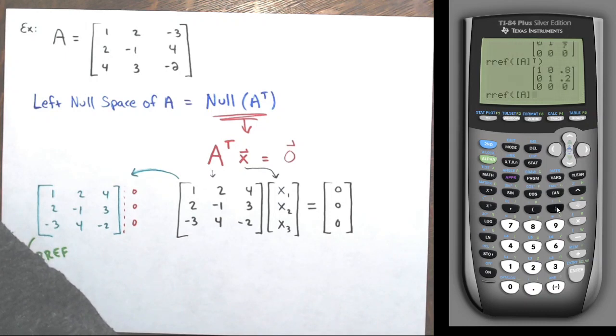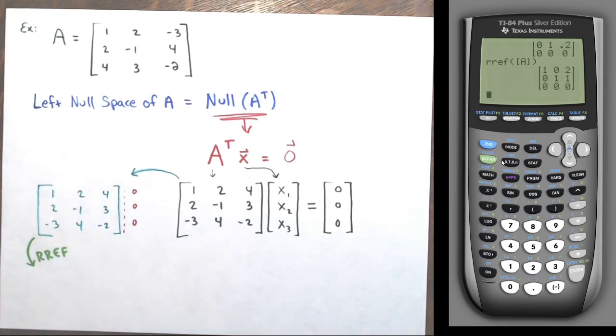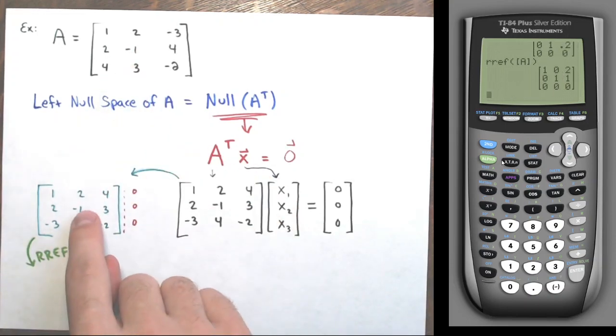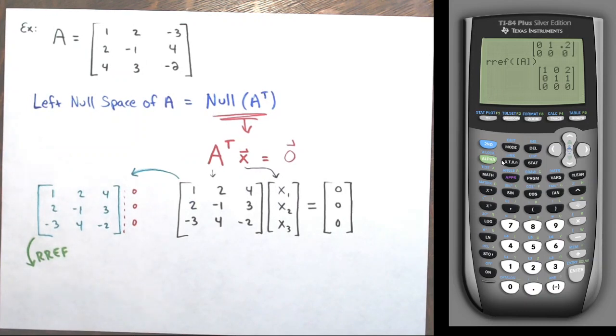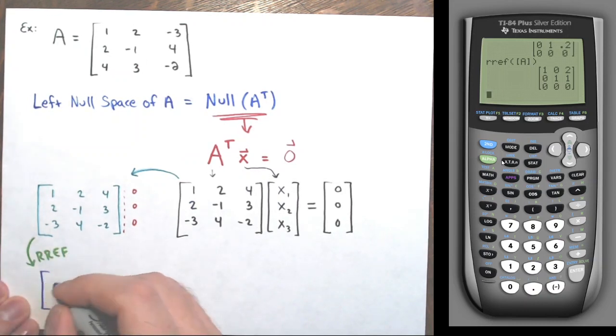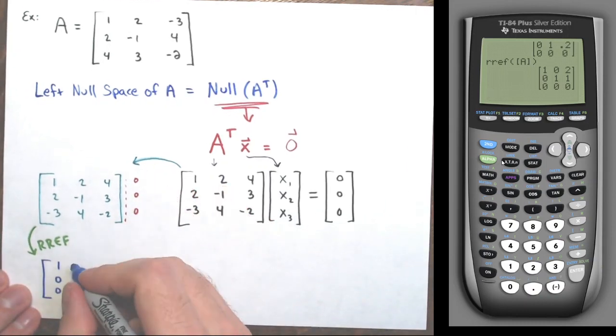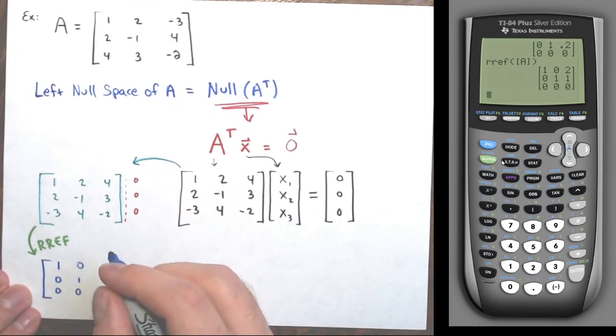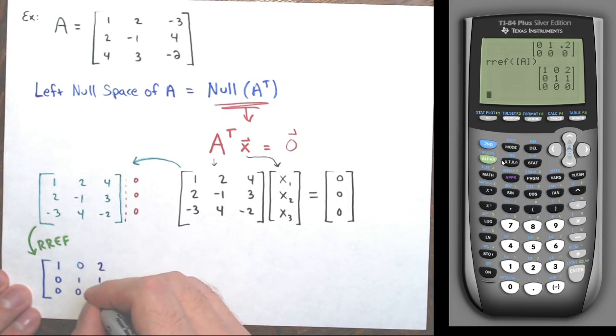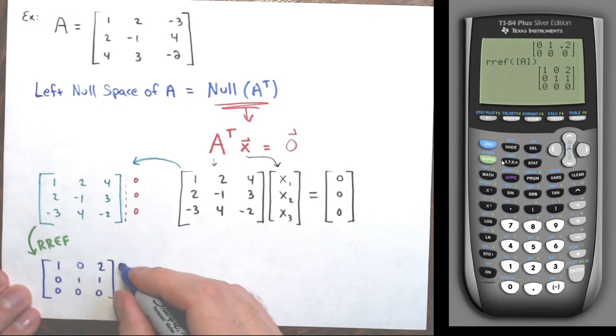You could put it in any slot you want, B, C, D. Alright, so this matrix, this is A transpose. When I put it in reduced row echelon form, it looks like this. So you got 1, 0, 0, 0, 1, 0, and then 2, 1, 0. And then don't forget, you're assuming there's this equal 0, equal 0, equal 0, this bar with a 0 on the other side here.